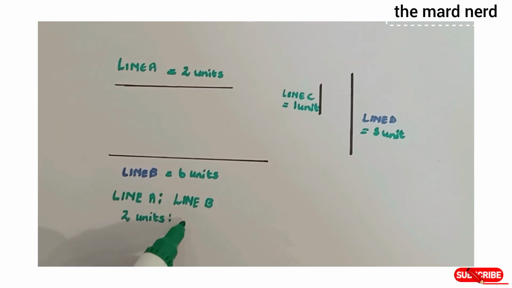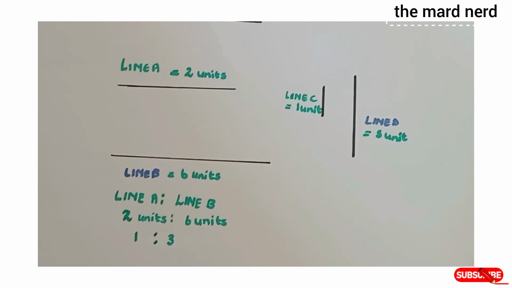Then we can simplify this: 2 goes into 2, and 2 also goes into 6. Once 2 goes into 2, we are left with 1, and once 2 goes into 6, we are left with 3. So the ratio of line A to line B is equal to 1 to 3.